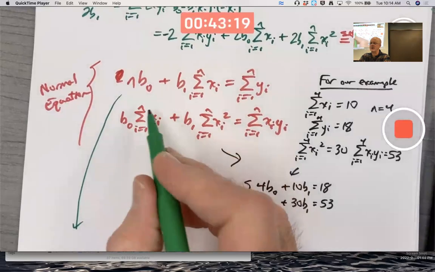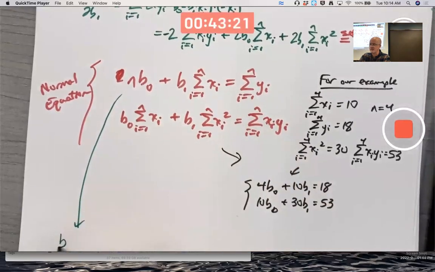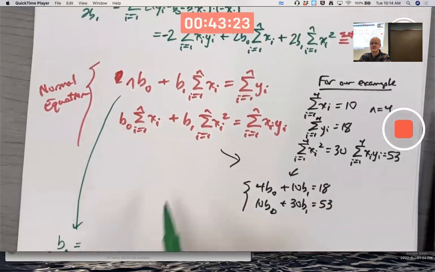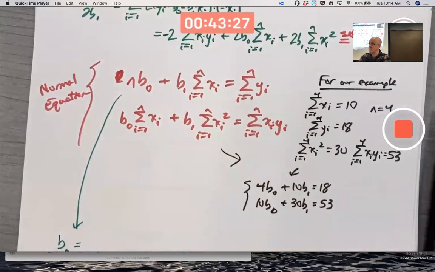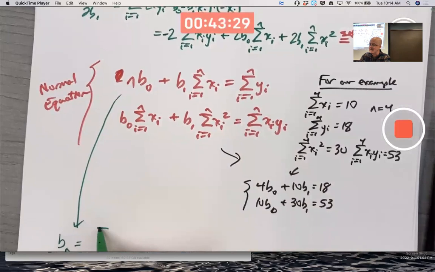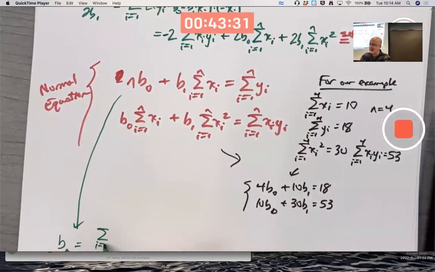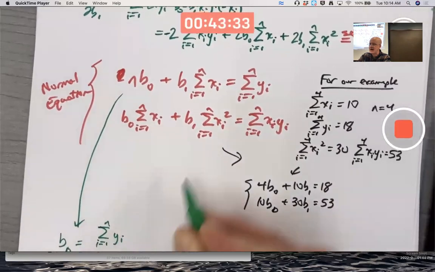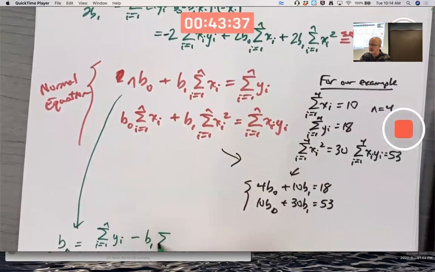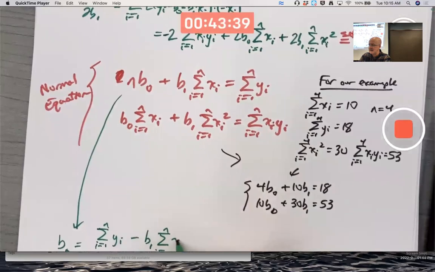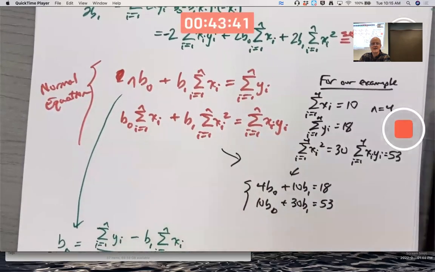Let's solve this first equation for B0 in terms of B1. Subtract this from both sides and divide everything by n. This is worth doing. Subtract that from both sides. And divide everything by n.